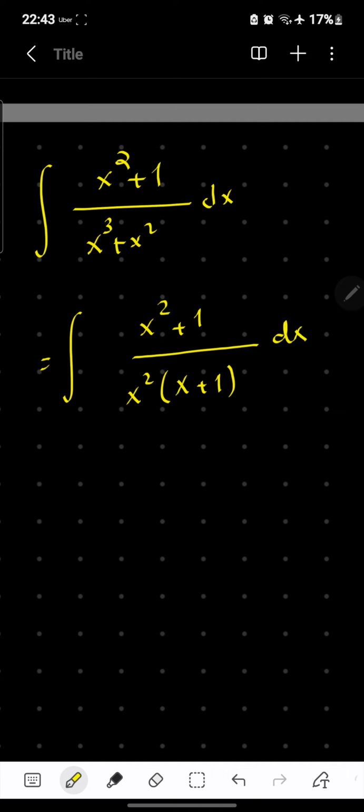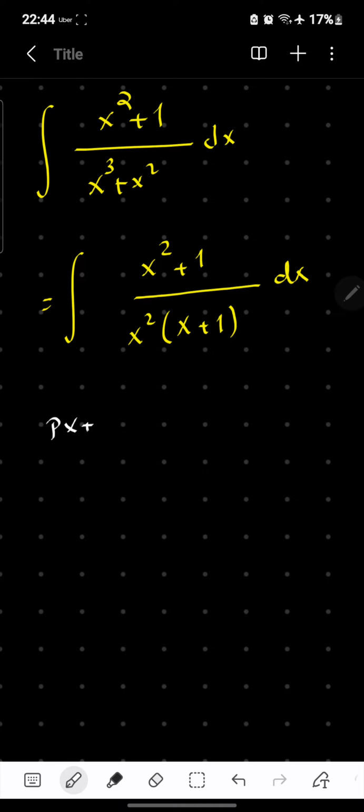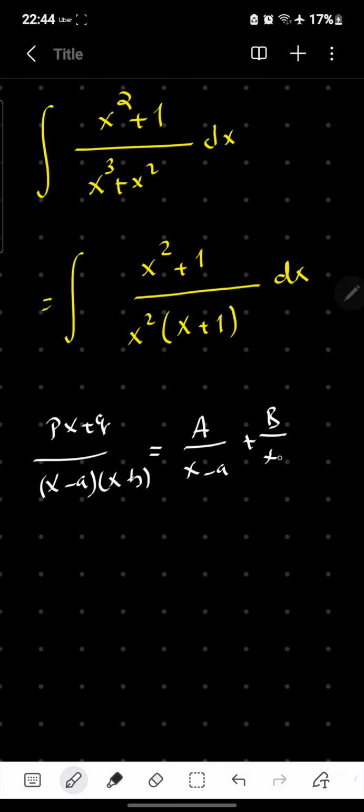So let's go back, please. You should open slide 86. You will find here we have two cases. The first case is: if we have bx plus q over (x minus a)(x minus b), it will be a over x minus a plus b over x minus b.